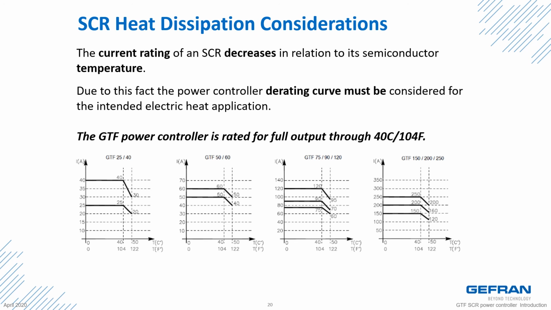Shown here is a set of derating curves for the GTF SCR Power Controller. We can see that above 40 degrees C or 104 degrees Fahrenheit, the power controller has a decreased value for its output. The GTF Power Controller is rated for full output through 40 degrees centigrade, 104 degrees Fahrenheit.